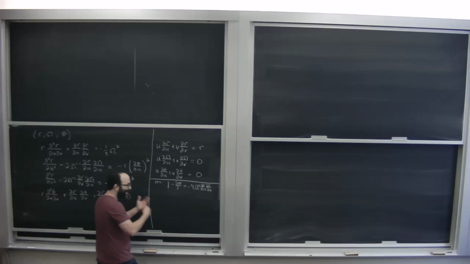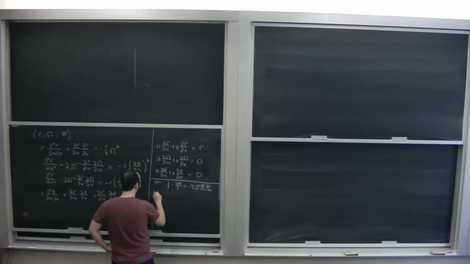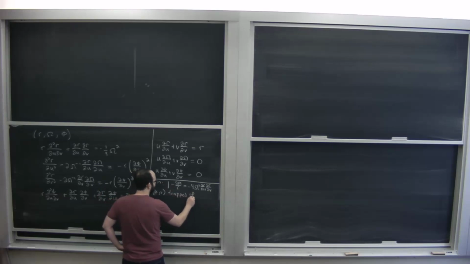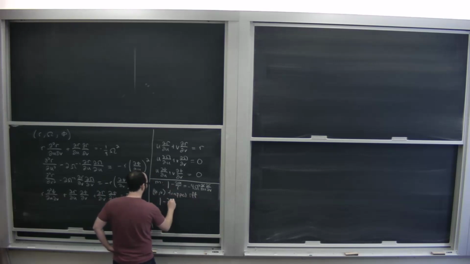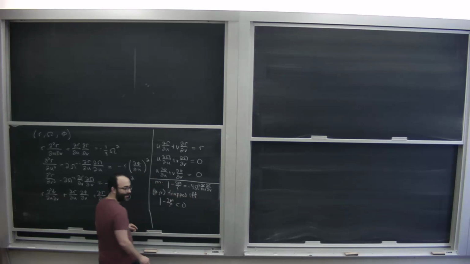But I didn't put those together, which was the whole point of that little digression: you can easily read off from the Hawking mass whether you have a trapped surface. So the sphere at u, v is trapped if and only if this is negative.